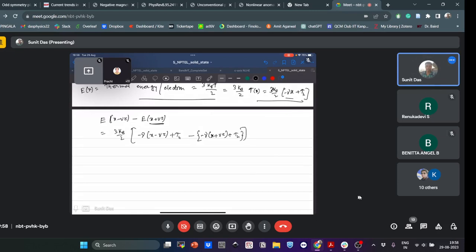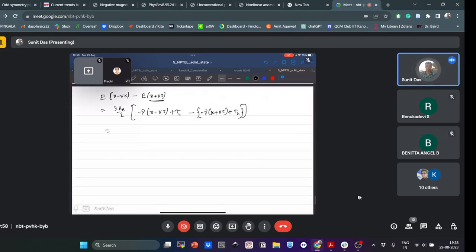If we simplify this, it will come to 3 gamma v tau kB. So this is delta E. This is the thermal energy difference per electron between these two positions.